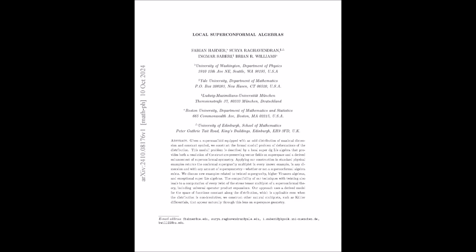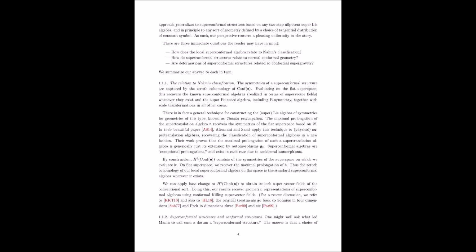This local superconformal algebra includes transformations related to both supersymmetry and something called conformal transformations. Can you remind me what those are again? They're basically transformations that preserve angles, but not necessarily lengths. Think of stretching a rubber sheet. Got it. The shapes on the sheet might distort, but the angles between the lines stay the same.